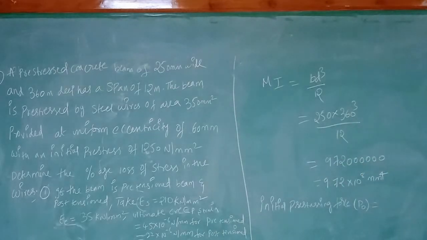Load by area, but here he does not give you the initial load. He has given the complete initial pre-stress. So first we will find out P naught: stress into area of your steel. How much stress have they given here?